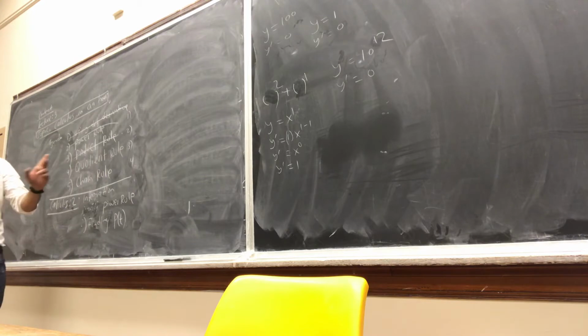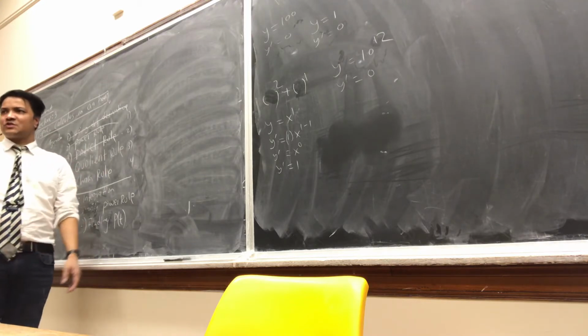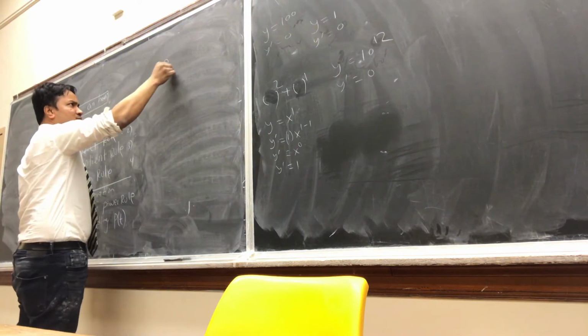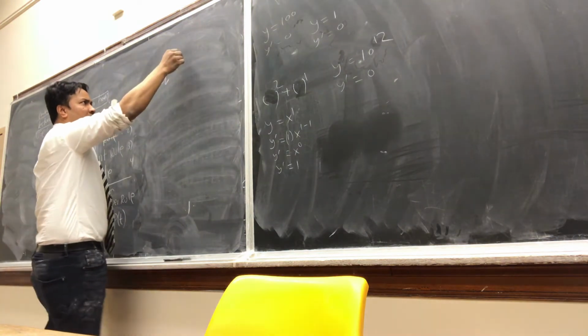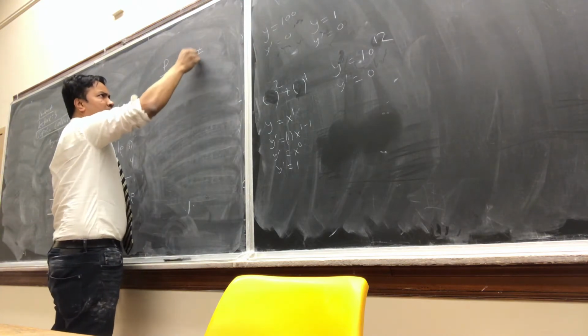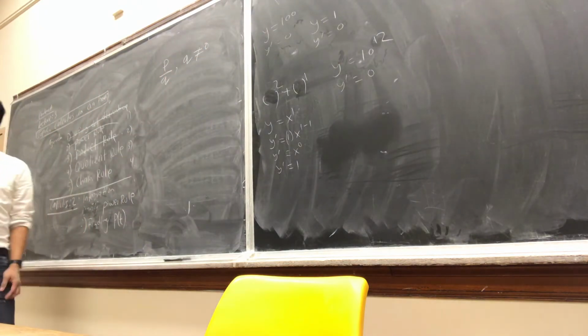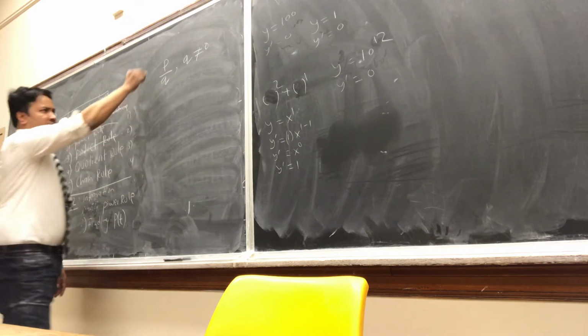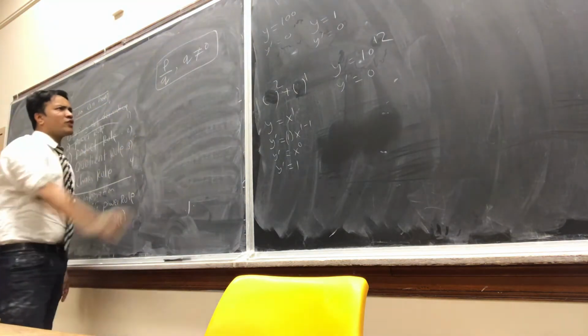Okay, great. Now we're going to do the quotient rule. Just to let you know, quotient rule is P over Q. Q cannot be 0. So this is a quotient. This is the big definition of being a quotient. Okay.